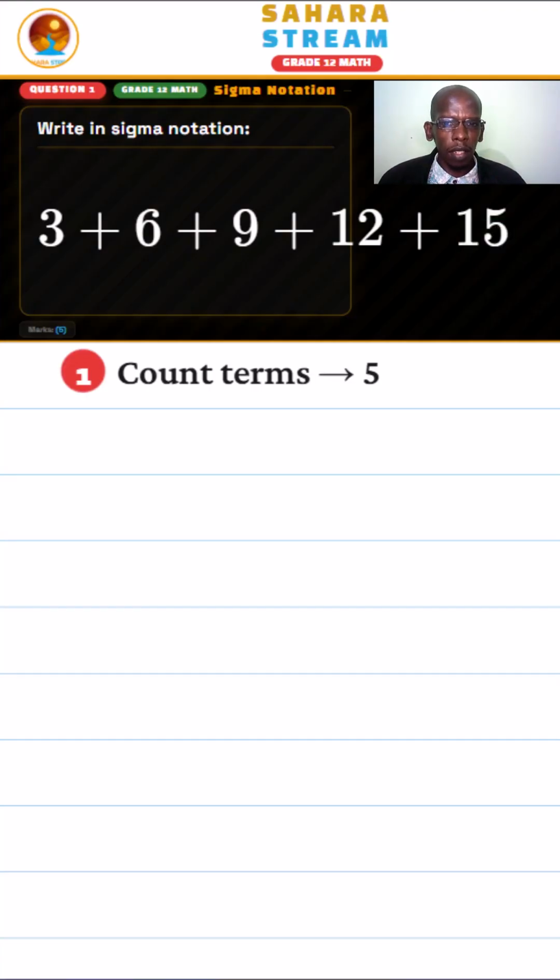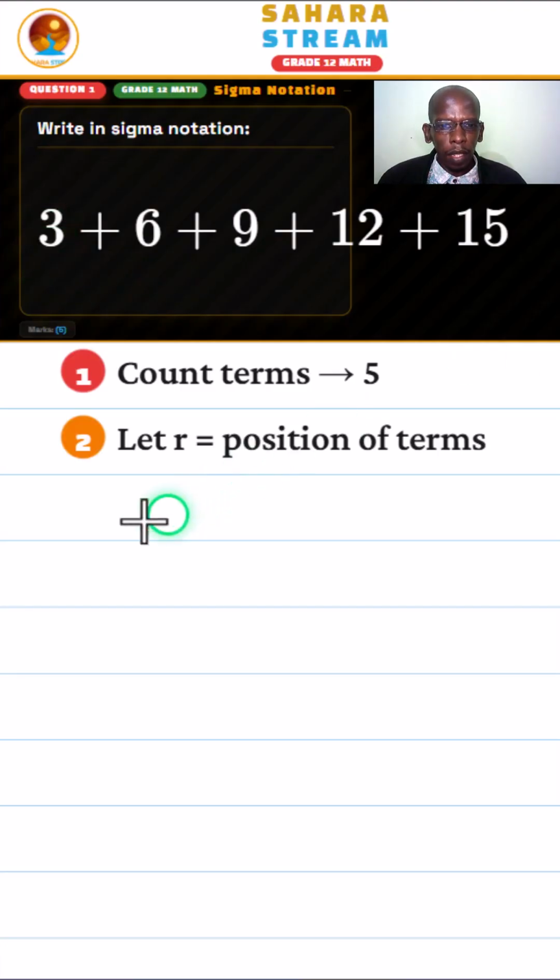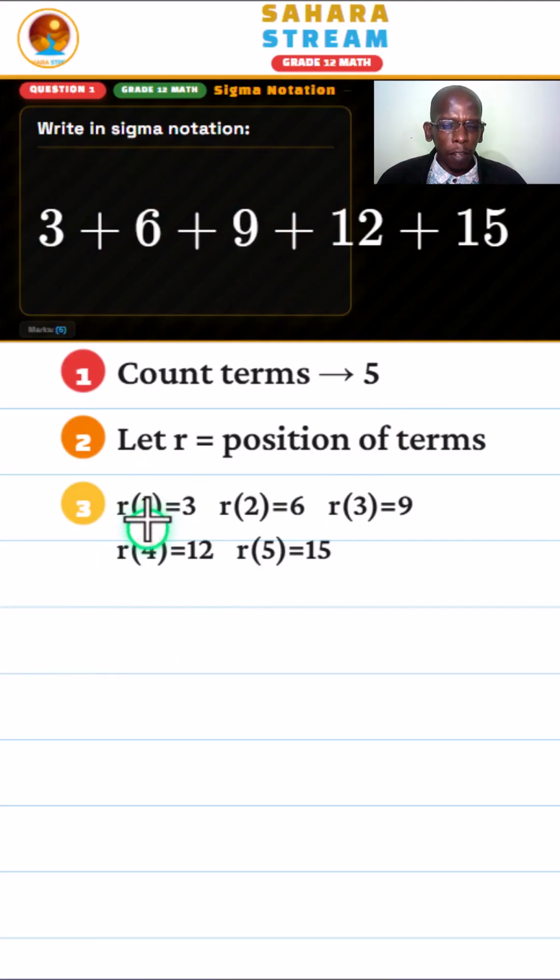And you see, each of these terms has its own position. So in this case, if we let R represent the position of the terms, then we can say the first position, or R1, is 3, because 3 takes on the first position of the terms.